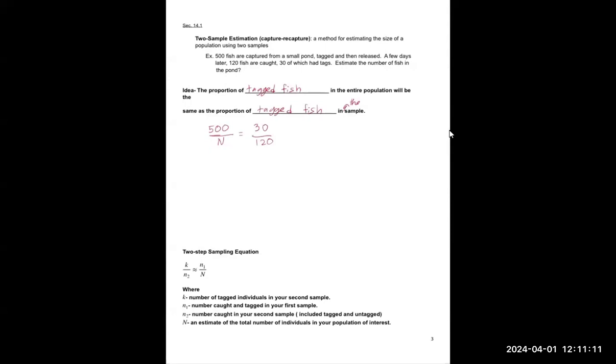And then we're going to go through the same exact steps to solve this. So we're going to cross multiply, and that's going to give 500 times 120 is equal to 30 times N. Then I'm going to do any simplification I can on either side of the equation. 500 times 120 is 60,000.